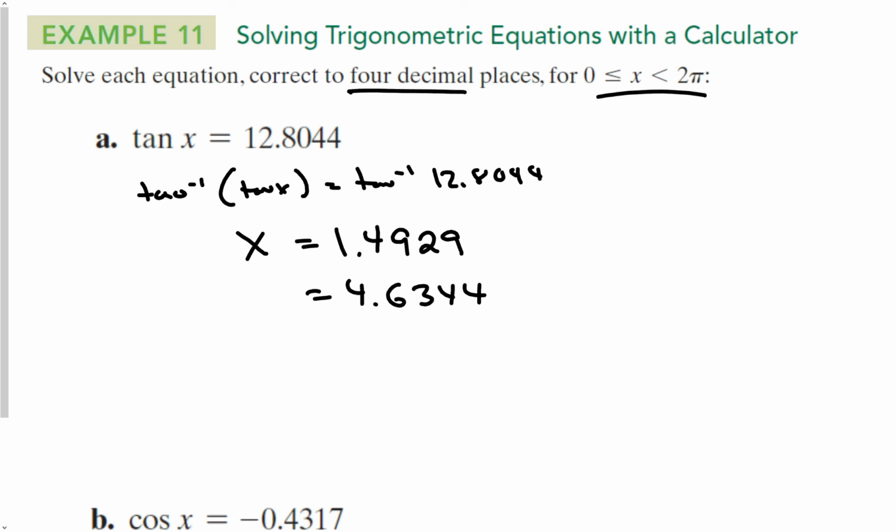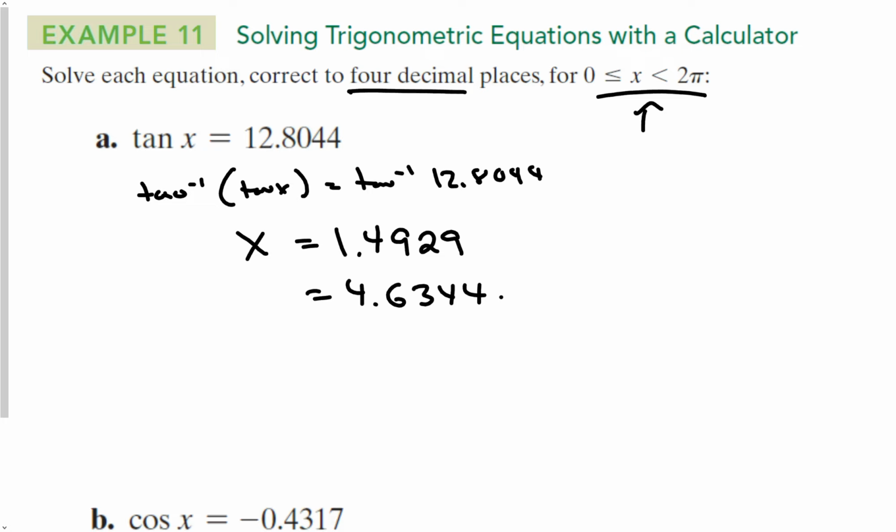Okay, and the reason why I know I have to do that is because the way the inverse tangent works, your calculator's only going to spit out one answer. This question wants more than that. And I could do it again, but then my answer is going to be bigger than 2 pi, which would be about 6 radians. That doesn't work.